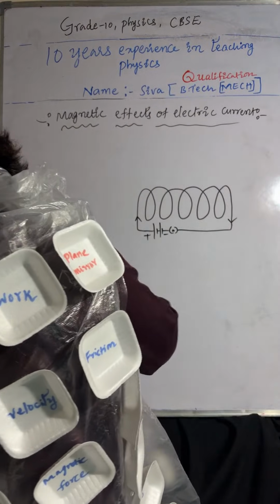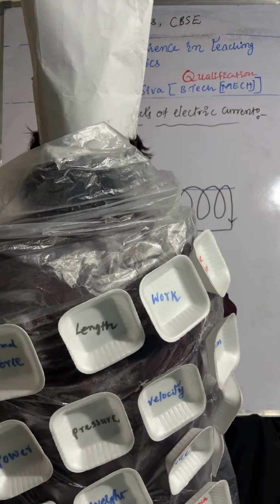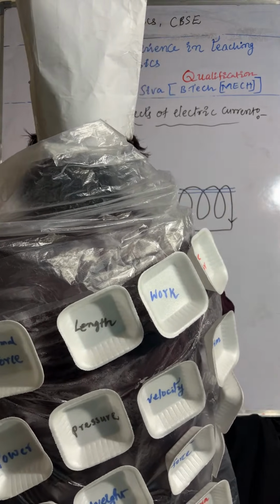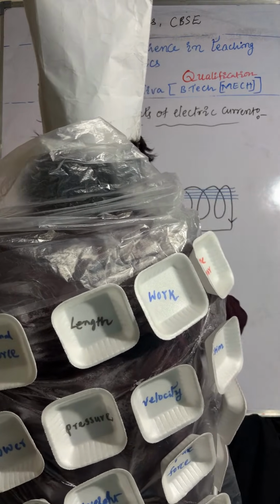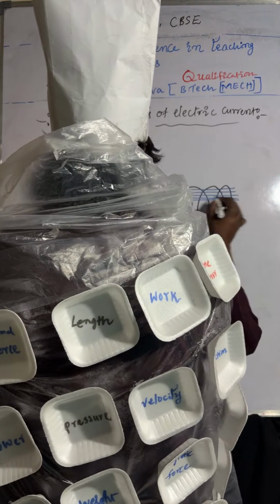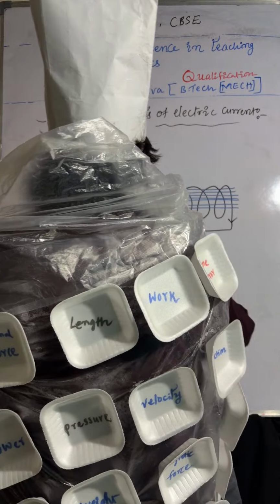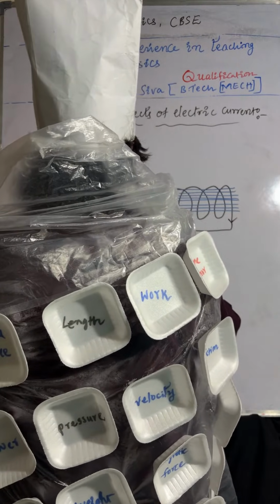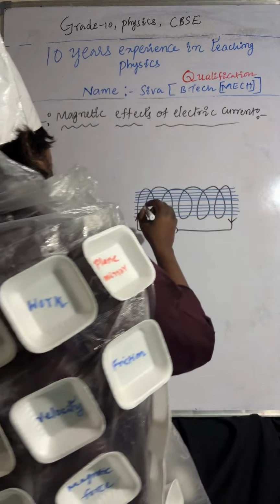Now you can see, if the current is passing, I am taking here turns 1, 2, 3, 4, 5, 6, 7, 8, 9. Those I am connecting here.